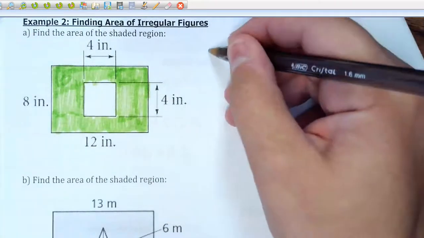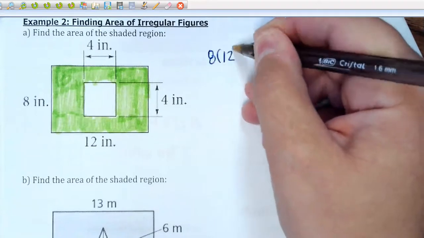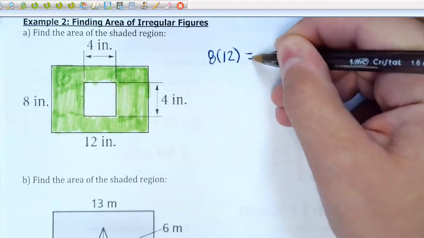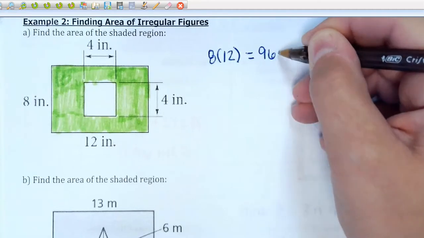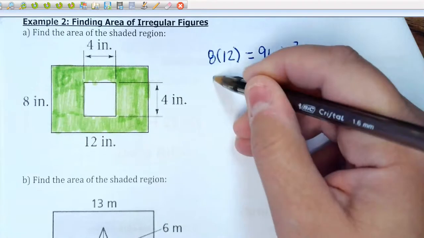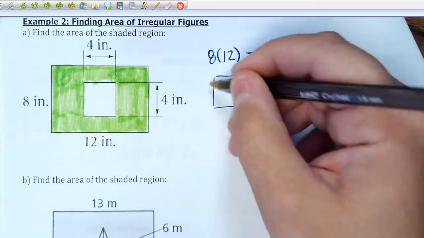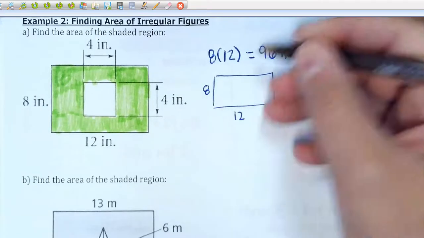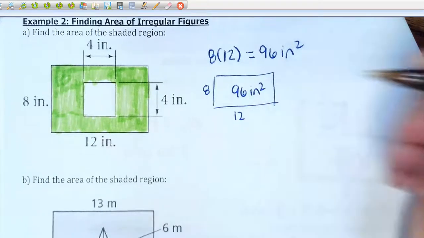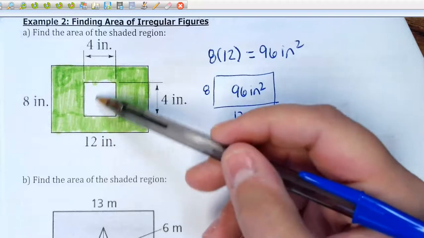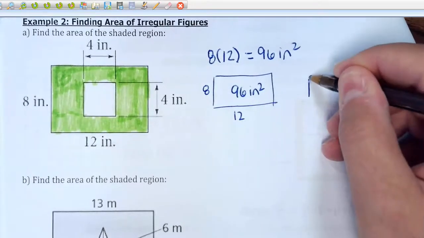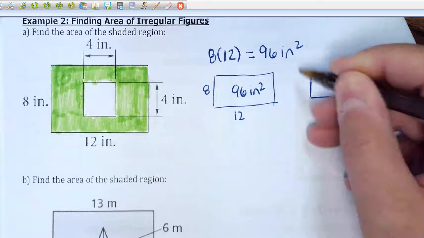It's just going to be base times height, or length times width, which is 8 times 12. Okay, so if I pretend there's no little bitty hole there, 8 by 12, this would be 96 inches squared in this case. Now, the part that is cut out here, this little square here, is 4 by 4.